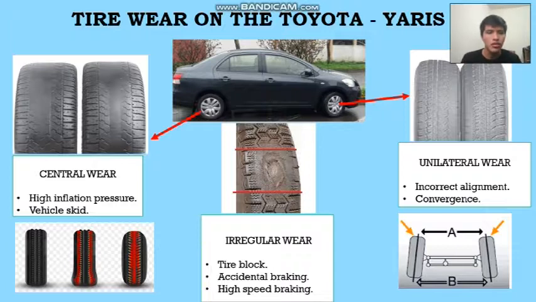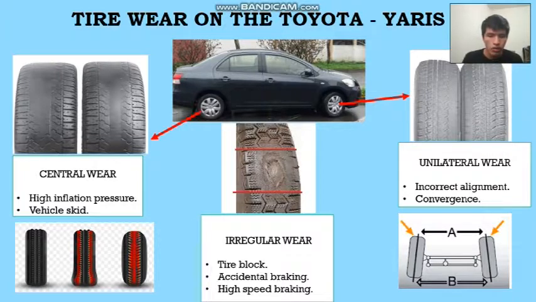In the rear tires, the type of tire wear is central wear. It's produced in the center of the tire, and the most likely causes are high inflation pressure and vehicle scale.